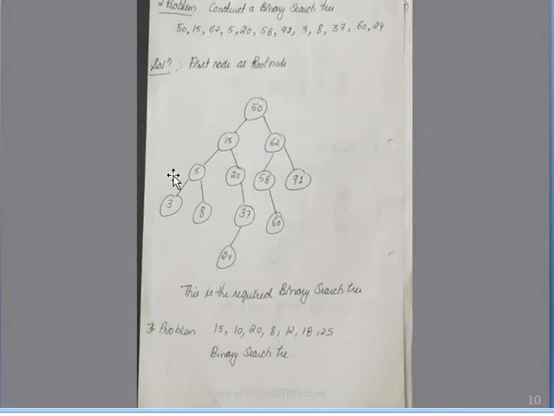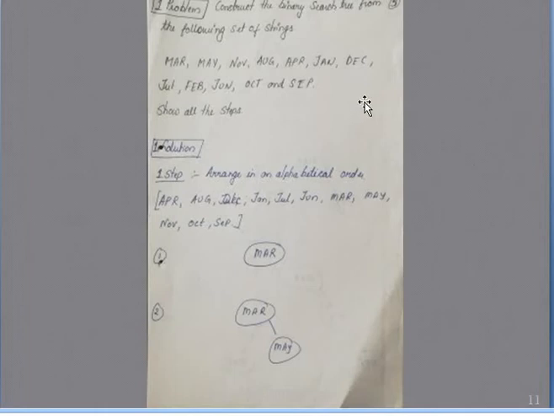So this is the required binary search tree for the given list. For your practice, you can consider the list 15, 10, 20, 8, 12, 18 and 25.